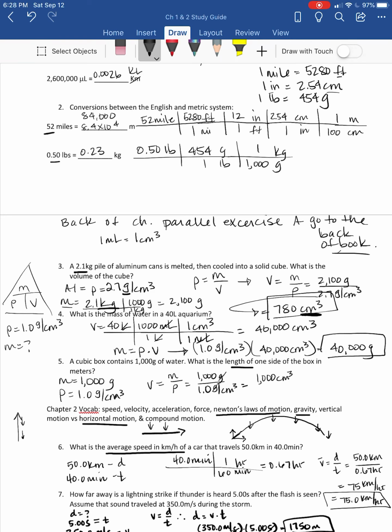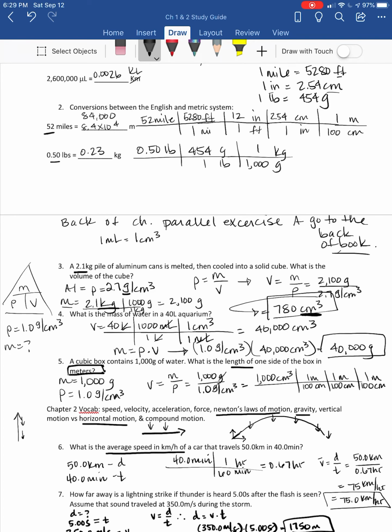Let me do that really quick. You still have to do the cubed root. So let's do 100 centimeters to 1 meter, 100 centimeters to 1 meter, and 100 centimeters to 1 meter. So see how this says to do it in meters?